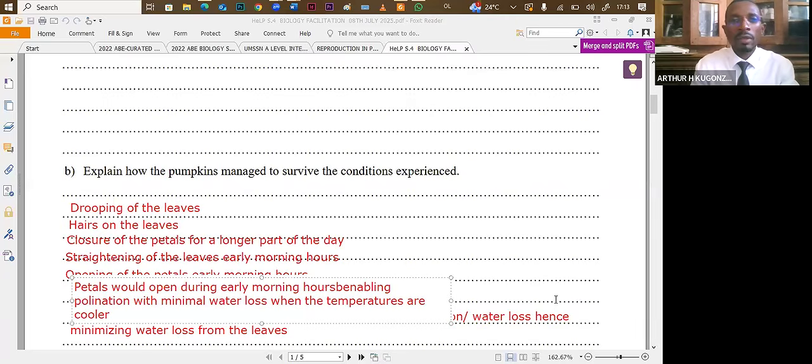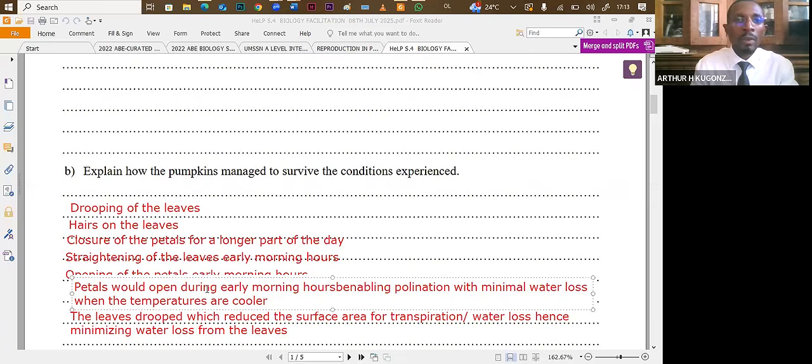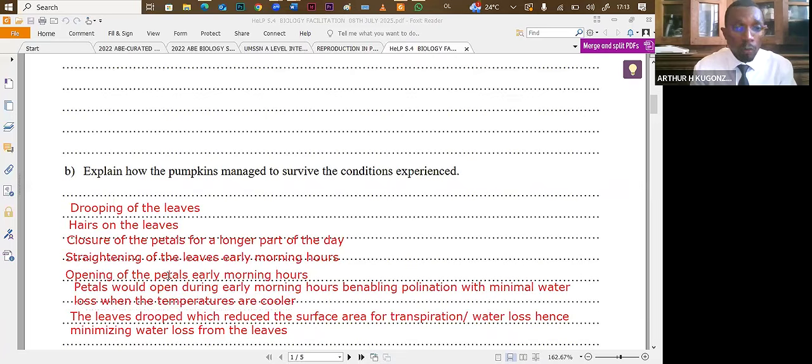So like this, because I know if these flower petals open when it is hot, then they are also likely to cause or to increase water loss through the petals. And this plant doesn't want to lose the water. So this is how I would explain the point of opening of the petals during early morning hours.